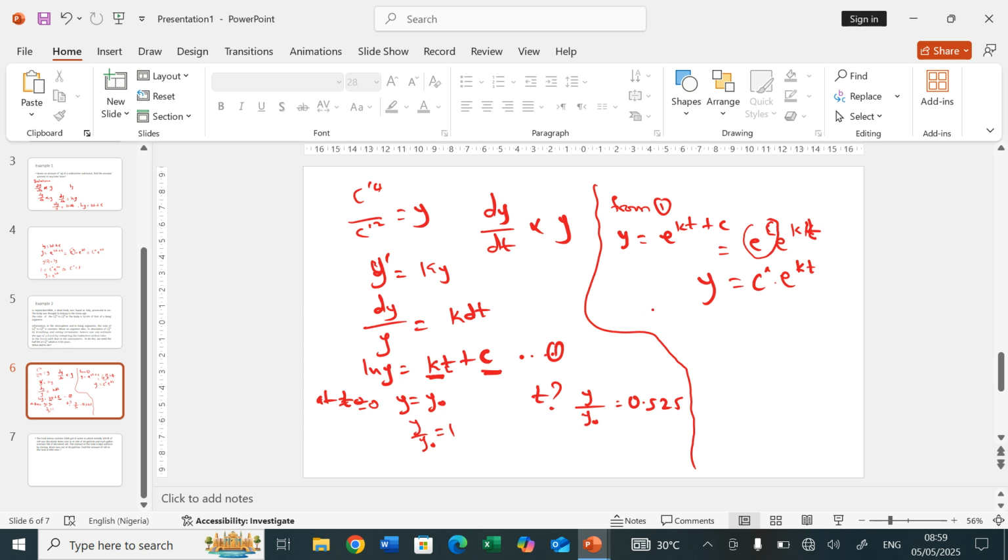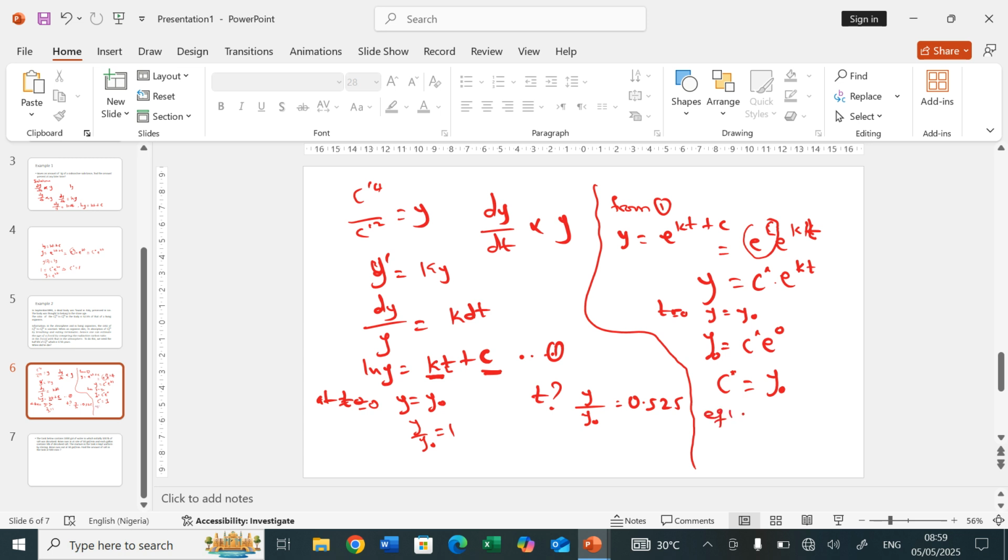Let's use the first condition. At t equals 0, our Y is Y naught, that of a living organism. So we substitute: put 0 here, and Y equals C prime times exponential 0. At that time Y is equal to Y naught. Therefore, our C prime is equal to Y naught, since exponential 0 is 1.